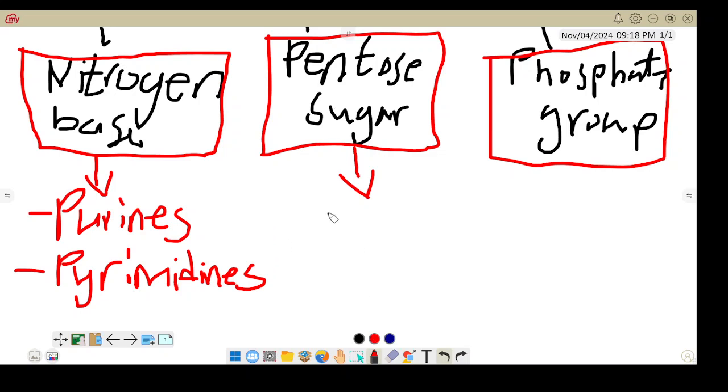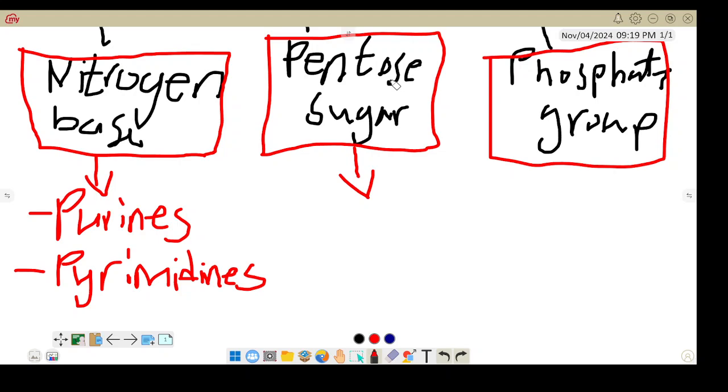Under pentose sugar now, just a reminder, we talked about these. Pentose relates to 5, so a pentose sugar will have 5 carbon atoms.